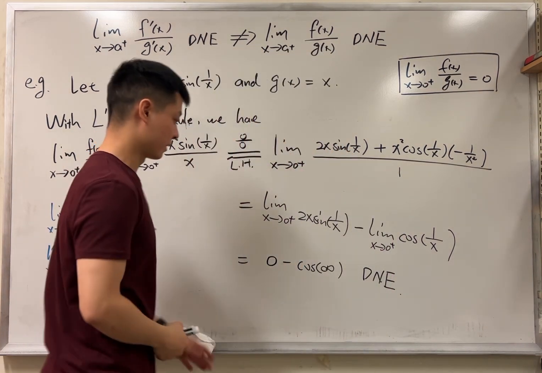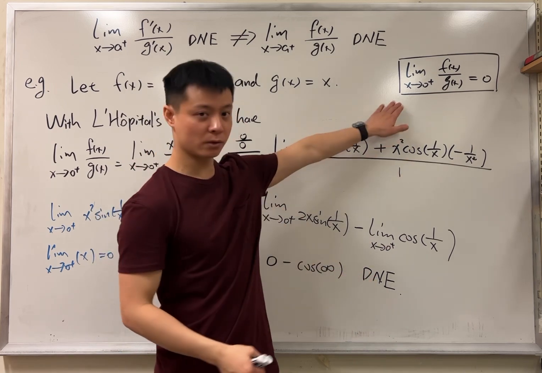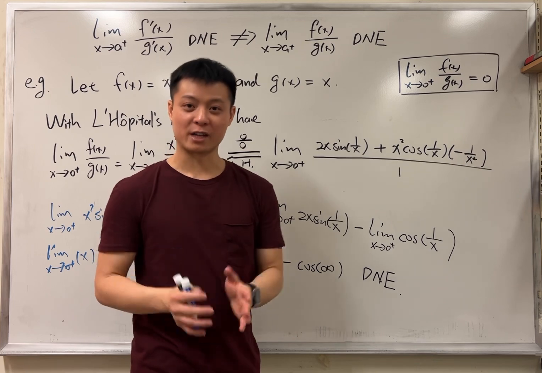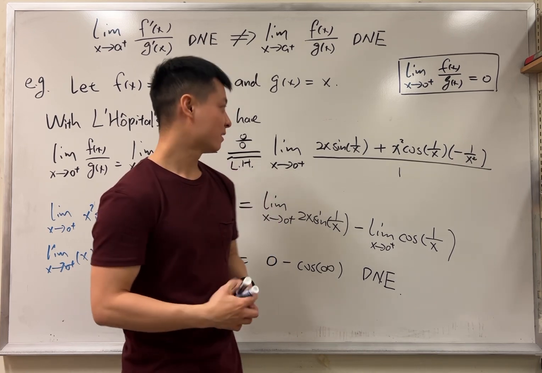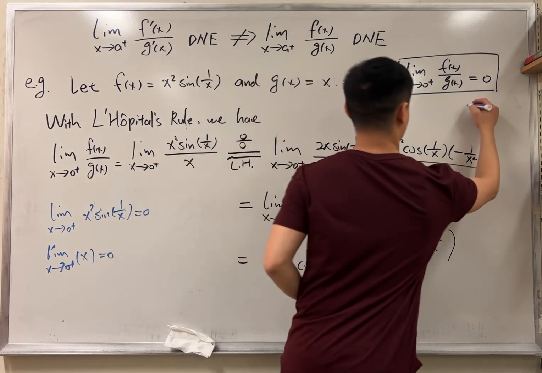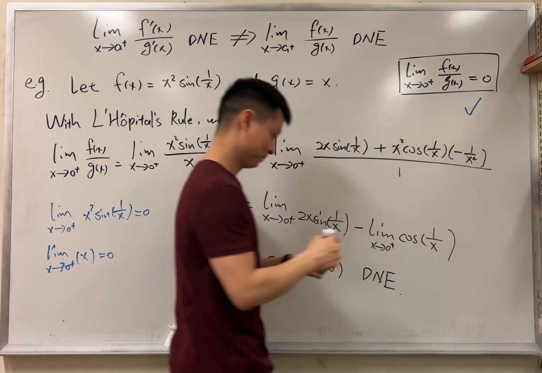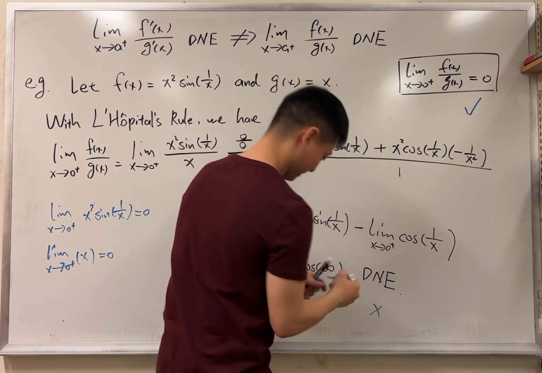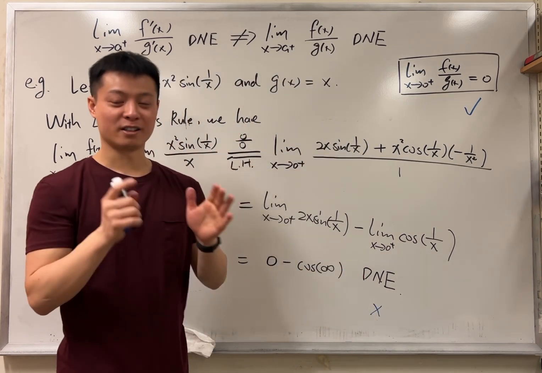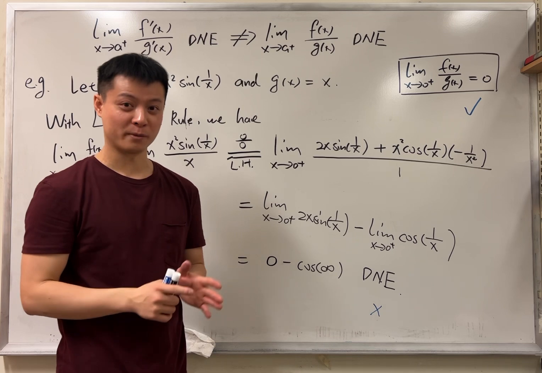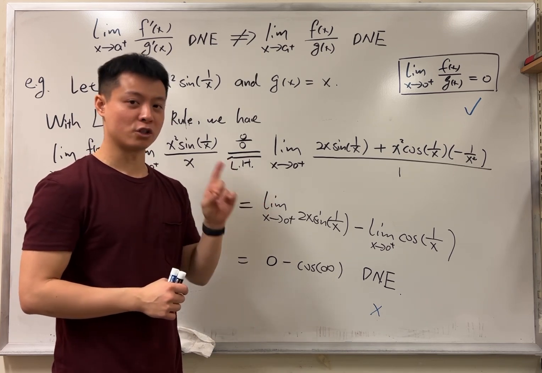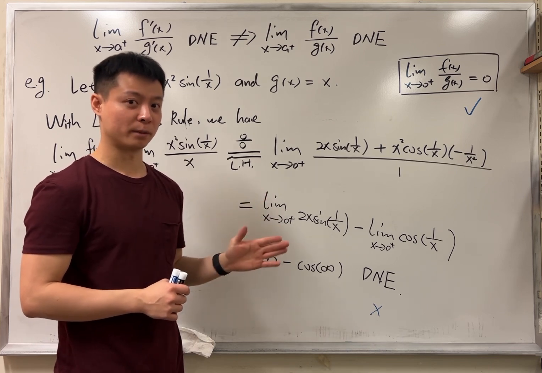Okay, so now let's compare this answer to that answer. Of course, they're totally two different answers. Which answer is correct? Of course, this answer is correct, which means that this answer must be wrong. It's wrong not because L'Hopital's rule is wrong. It was because we accidentally neglected to check one condition when using L'Hopital's rule.